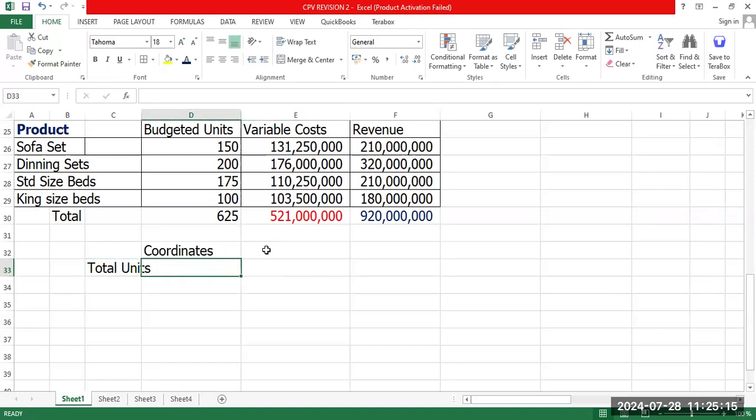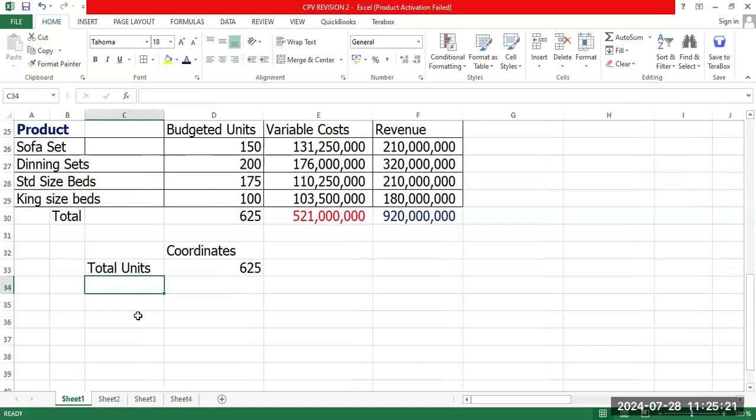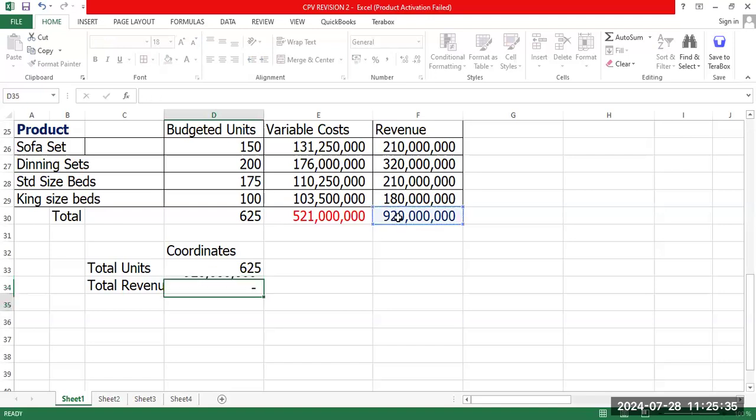Total units are just these ones. Then here, total revenue. It is just this one. Then total costs.